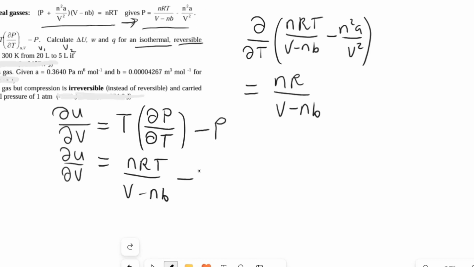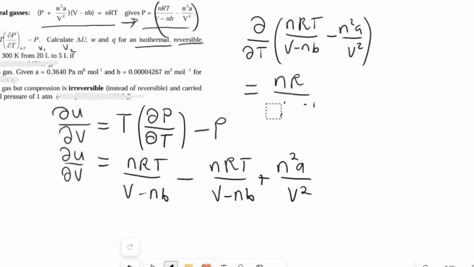We're going to replace it here. So it's minus of the first one, nRT over V minus nb, and then there's a minus outside, so minus and a minus give us nothing but a positive sign. So we put positive n squared a over V squared.